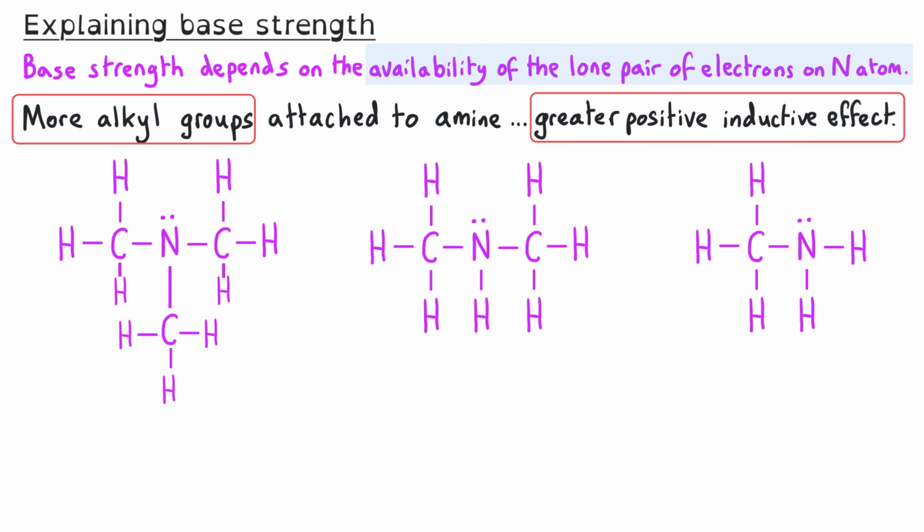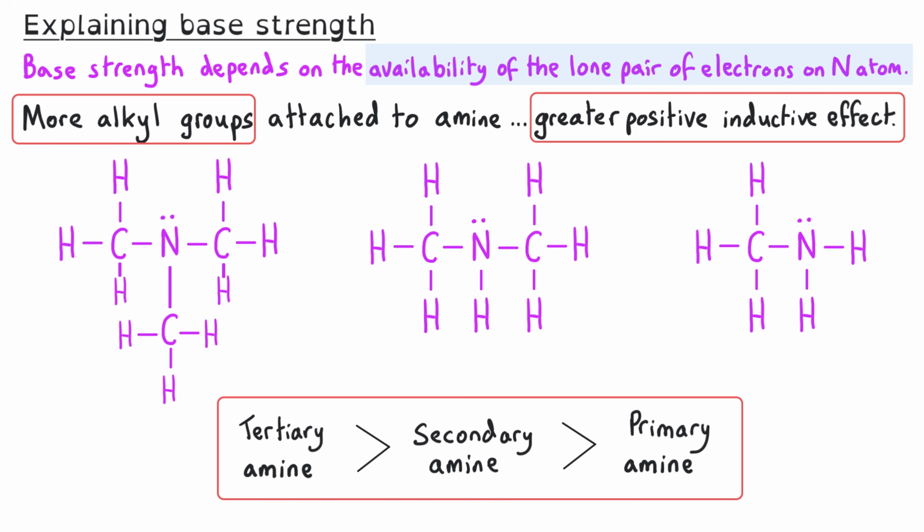And so the greater the positive inductive effect, the more available the lone pair, the stronger the base will be. This means that a tertiary amine with 3 alkyl groups attached to the nitrogen atom will be a stronger base than the secondary amine with 2 alkyl groups attached to the nitrogen, and the secondary amine will be a stronger base than a primary amine with only 1 alkyl group attached to the nitrogen.